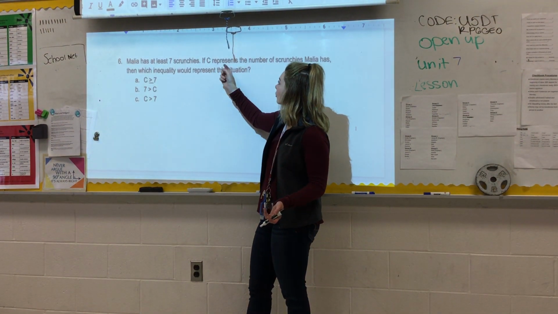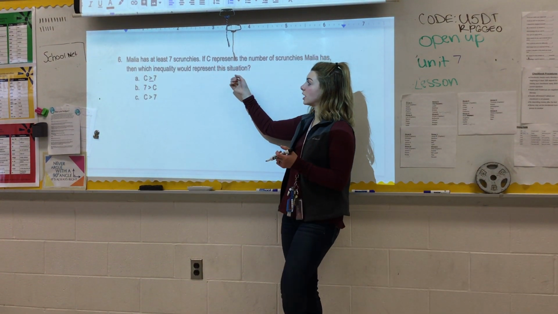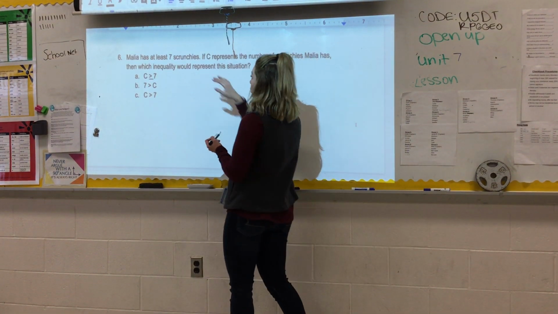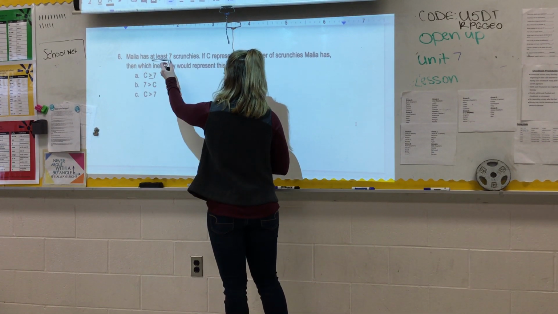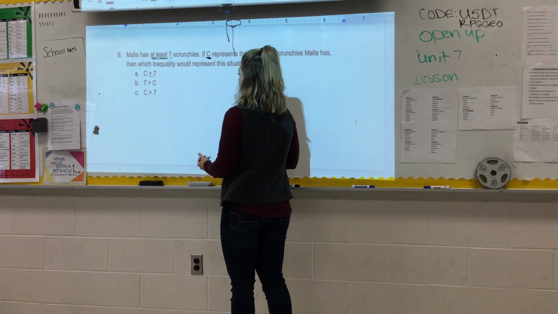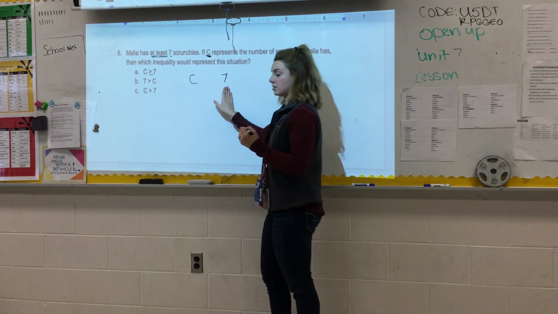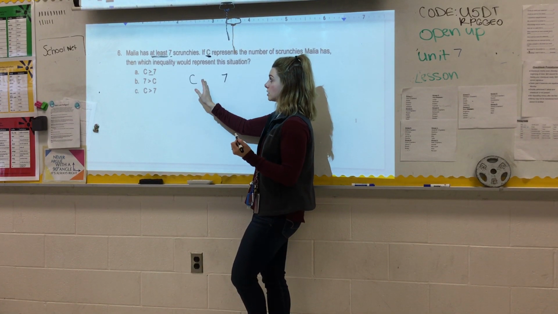If C represents the number of scrunchies Malia has, then which inequality would represent this situation? So the things I know from this problem, I know at least, I know 7, and I know C. So I'm going to go ahead and write C, and I'm going to write 7. So now all we have to do is figure out what's going to go in between this.